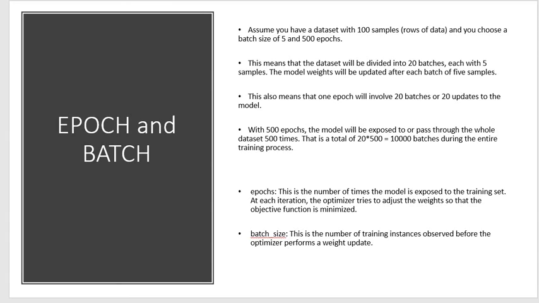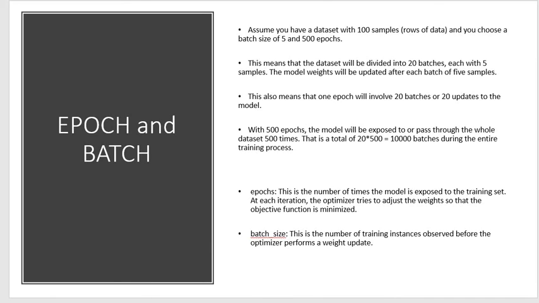You choose a batch size of 5 and 500 epochs. Now, what does this mean? This means that the data set is going to be equally divided into 20 batches as you have chosen a batch size of 5. This 20 comes from 100 divided by 5.